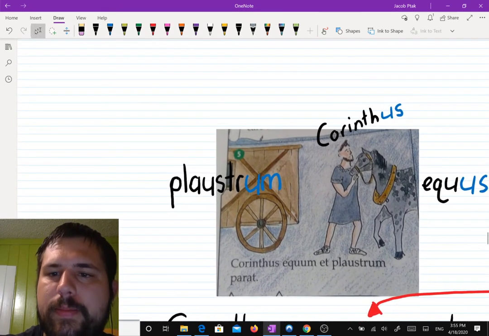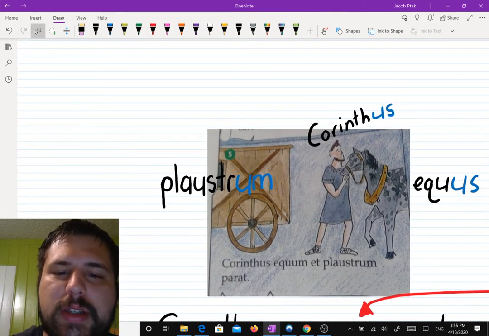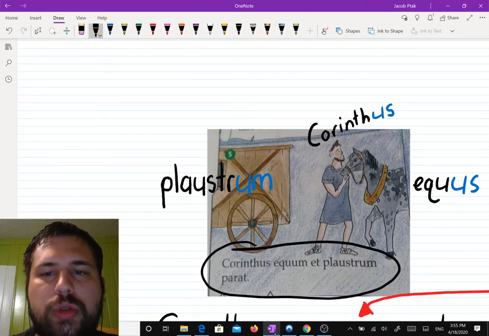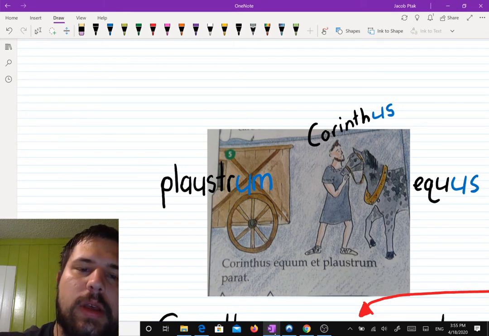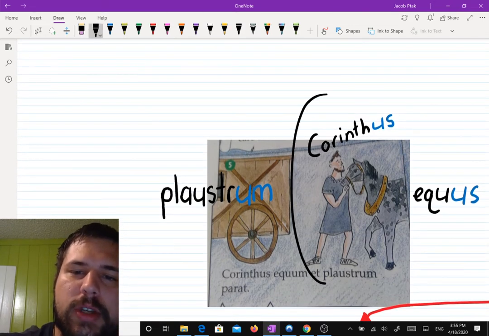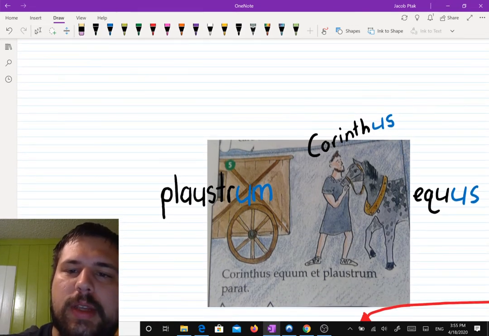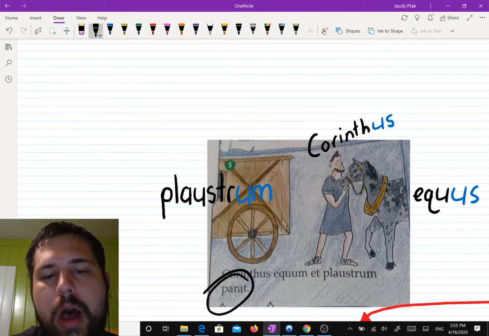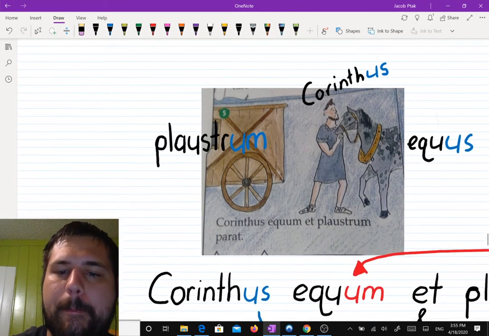Box 5. I'm going to read you the sentence first. Corinthus equum et plaustrum parat. So this over here is Corinthus. This is an equus. This is a plaustrum. So Corinthus, horse, and wagon. And then what's he doing? Parat. He's preparing.